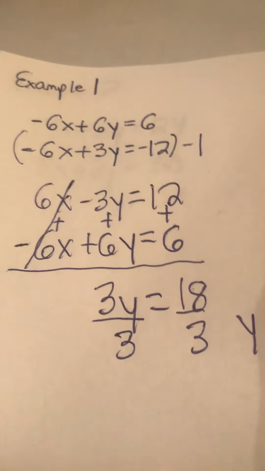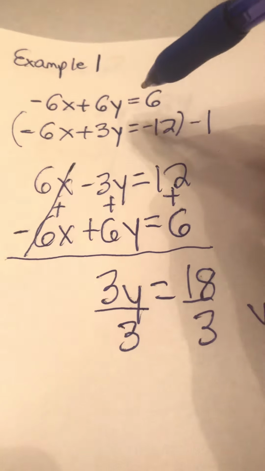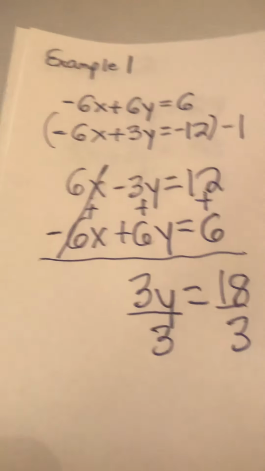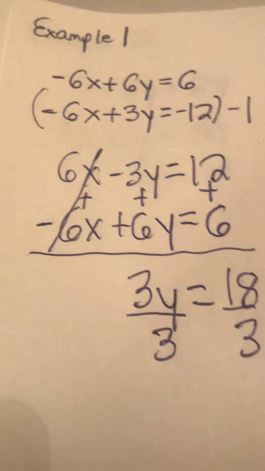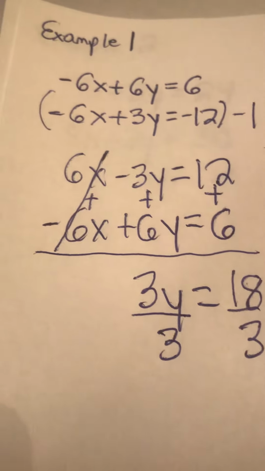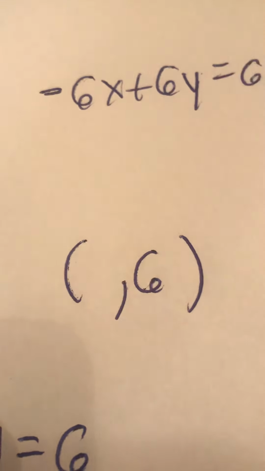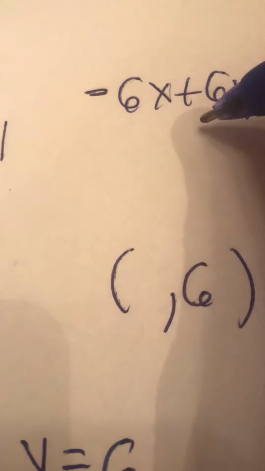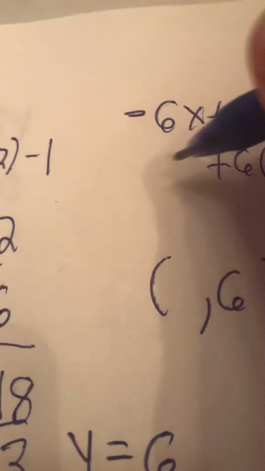So all I'm going to do is choose an equation and plug in the 6 where the y was and solve. So I'm going to go to this first equation up here, -6x plus 6y equals 6. And remember, I said y was 6, so I'm just going to replace the y with 6, and I'm going to solve for x.